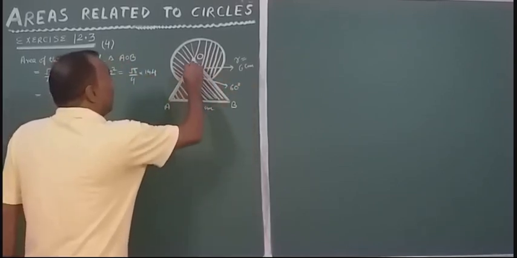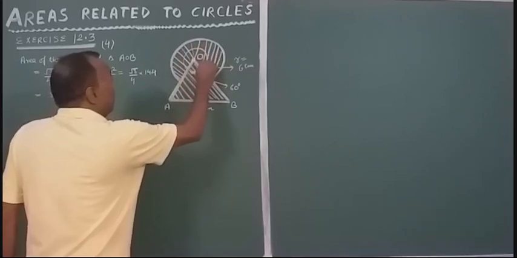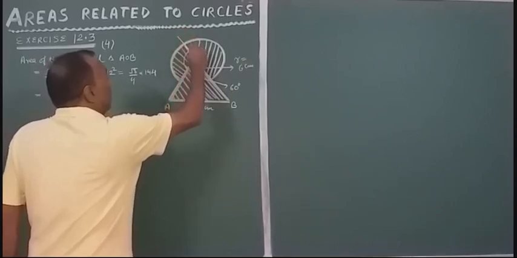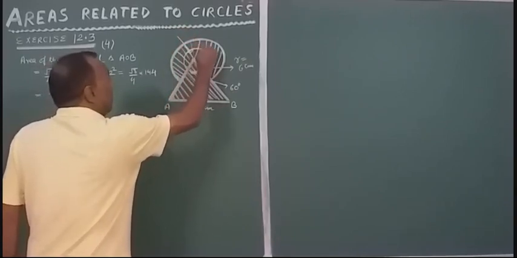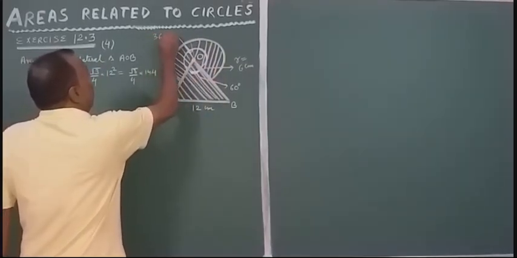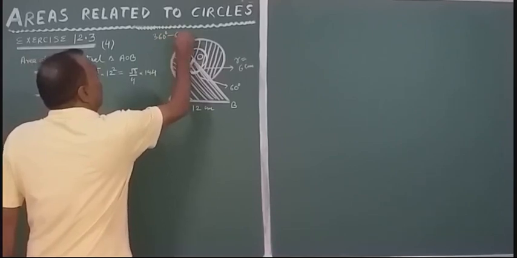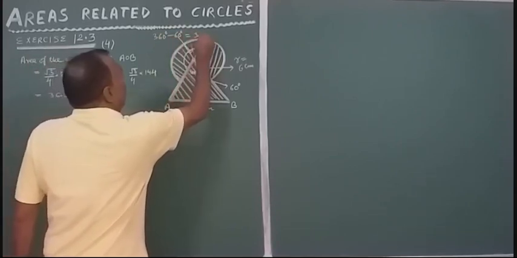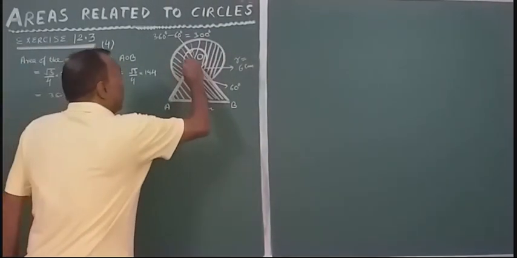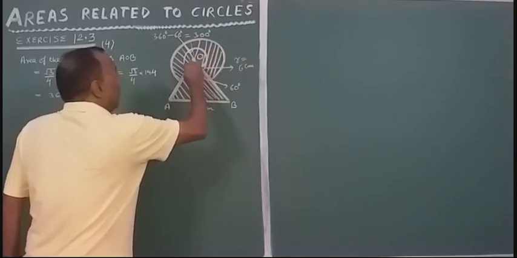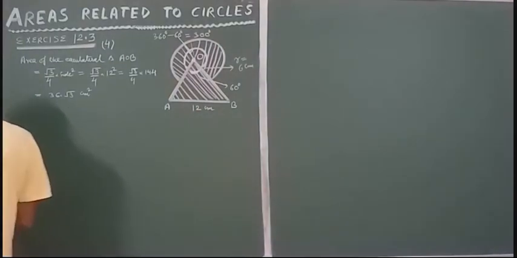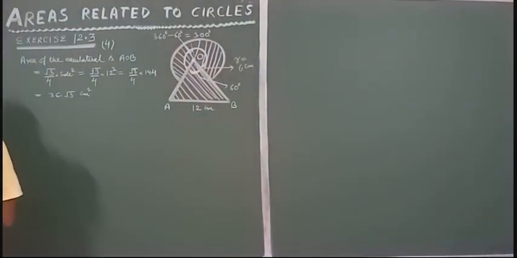Then therefore this exterior angle will be 360 minus 60 degree, that is 300 degree. So what is this angle? 300 degree. Now area of the sector.